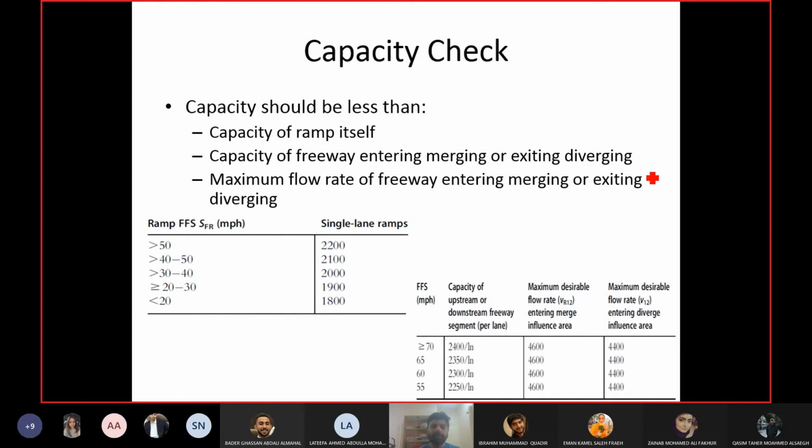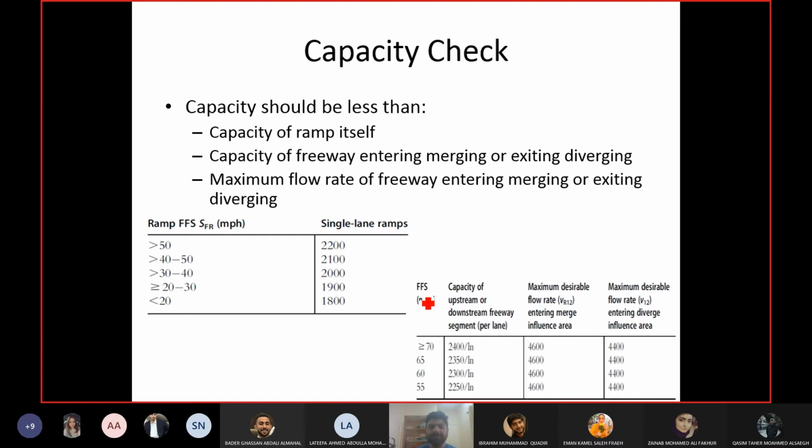Okay, and the capacity should be less than the maximum flow rate which is entering the merging or exiting the diverging, so the maximum flow rate that is expected in the merge or the diverge area.